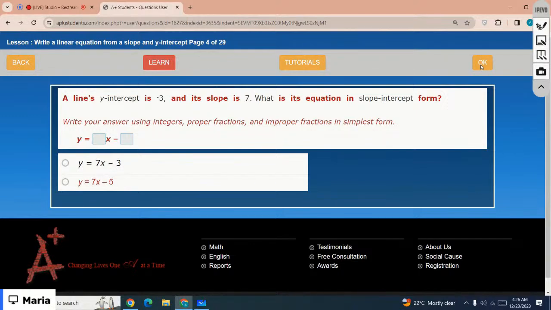A line's y-intercept is -3 and its slope is 7. What is its equation in slope-intercept form? So which is the correct option?